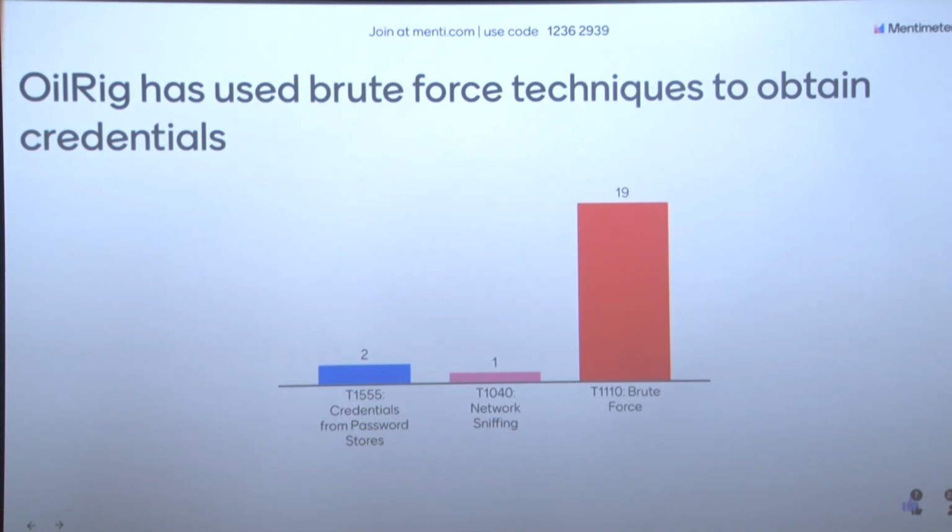T1555 represents this technique. There is no such method represented in this sentence; rather, the attacker is brute forcing the credentials, so the brute force option is correct. Mostly techniques explain themselves by their name itself. If you understand the name, you can go with it.